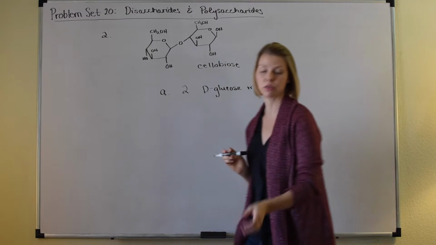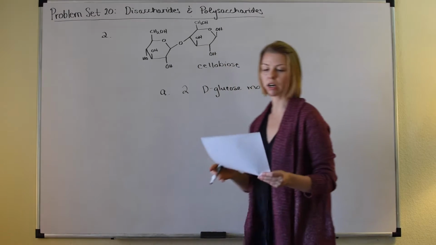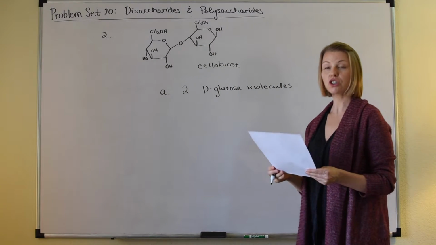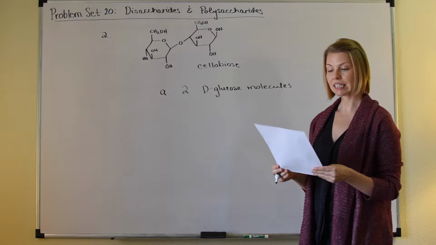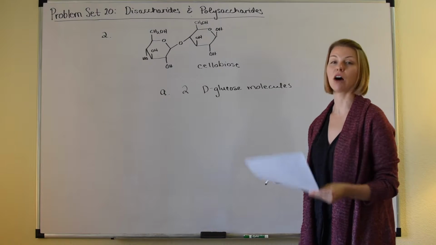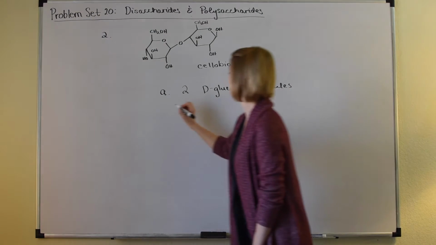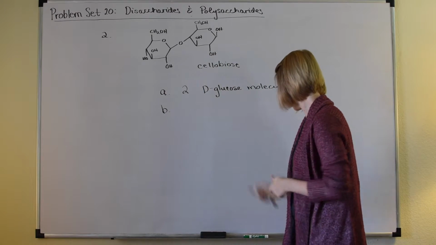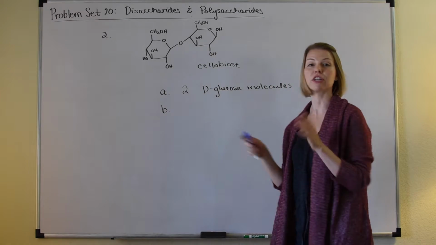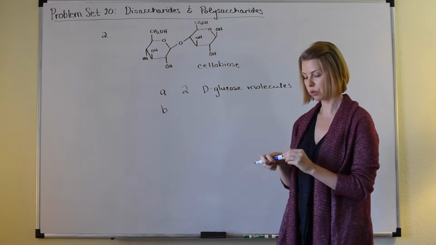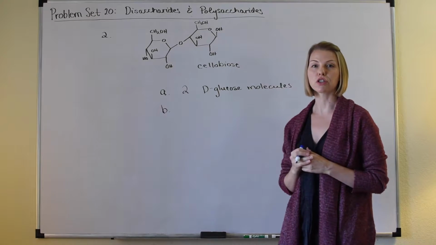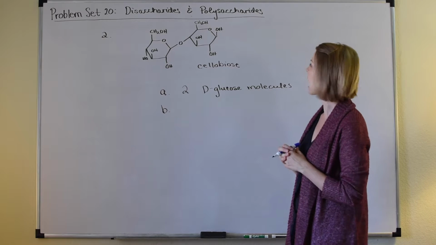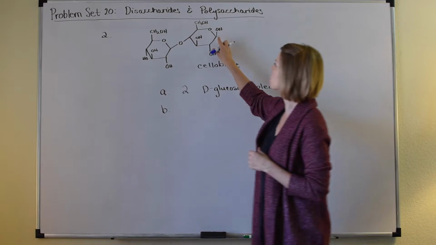in cellobiose. Part B, circle and label any acetals, hemiacetals, and alcohols in the structure. Okay, so let's do this in all our different colors. So let's use the blue to circle any hemiacetals. Okay, so there is one.